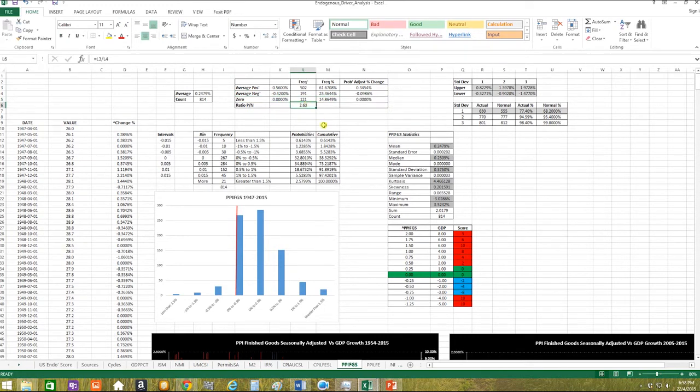We also have the comparison between, or the ratio between positive and negative months. Over here, we have our statistical analysis when we compare the distribution of the data versus a normal distribution. We have our scorecard down here, which we will come to later.